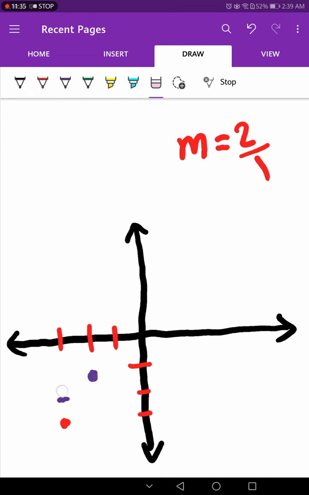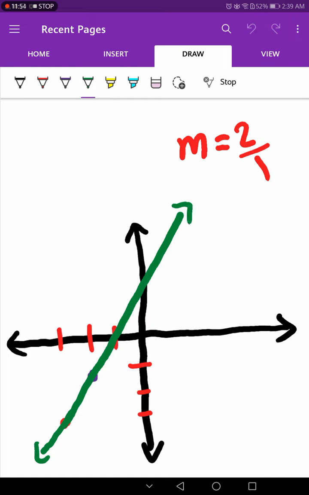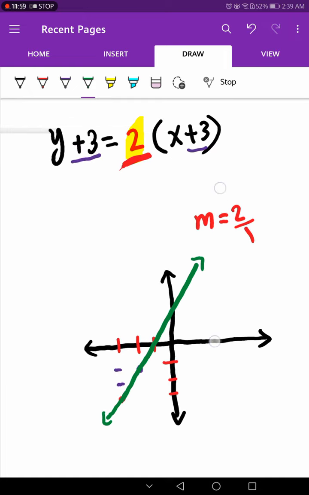This is the second point, because if you want to graph any linear equation, you need 2 points, and when you get 2 points, just connect between them. So this is the graph of this equation.